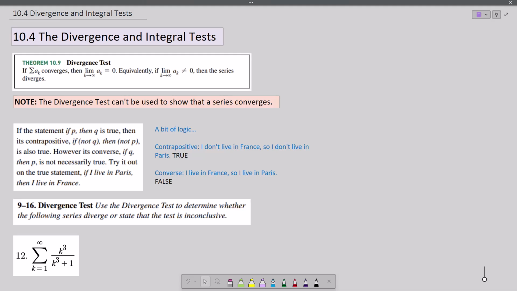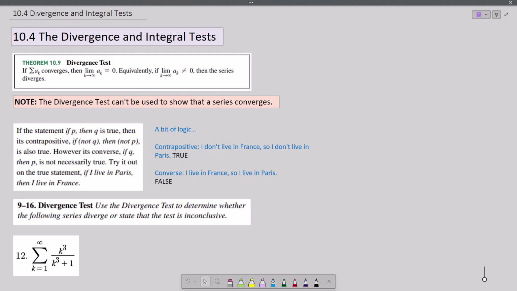The divergence test cannot be used to figure out if a series converges. The divergence test can find egregious divergence, or it's inconclusive. It cannot find convergence. It finds egregious divergence.